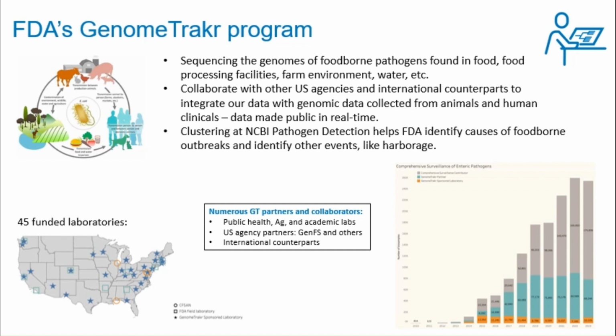And CDC collects most of the clinical isolates. The USDA FSIS collects most of the animal isolates or the meat isolates, and the FDA collects most of the food and environmental isolates. We currently have 31 labs across the U.S.